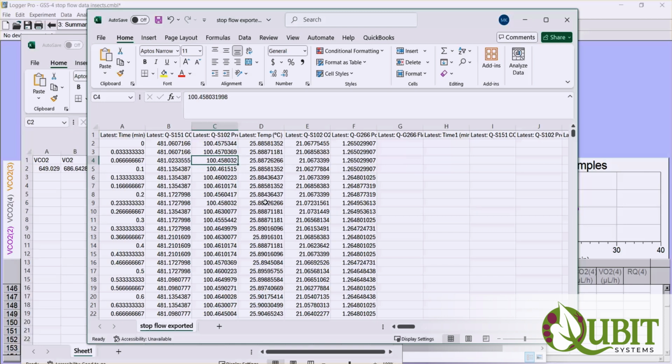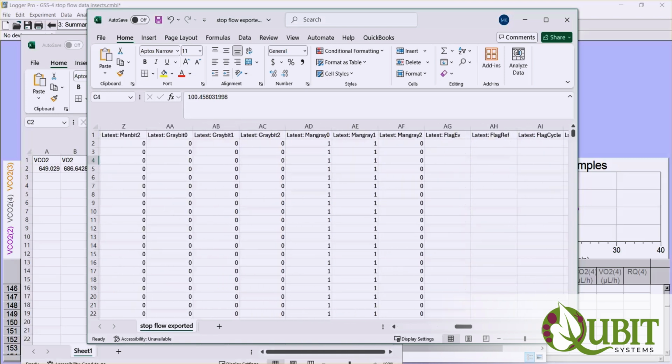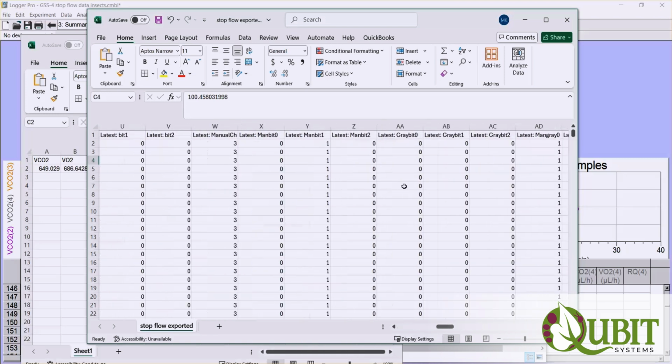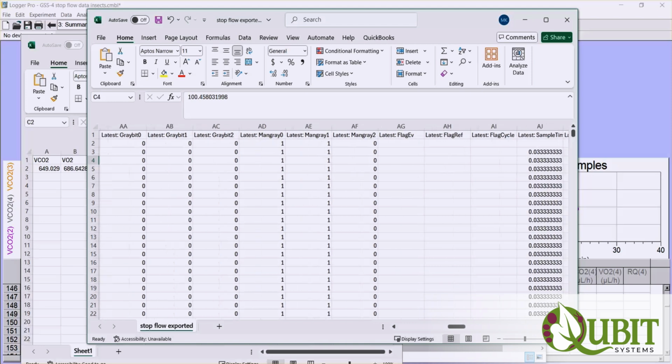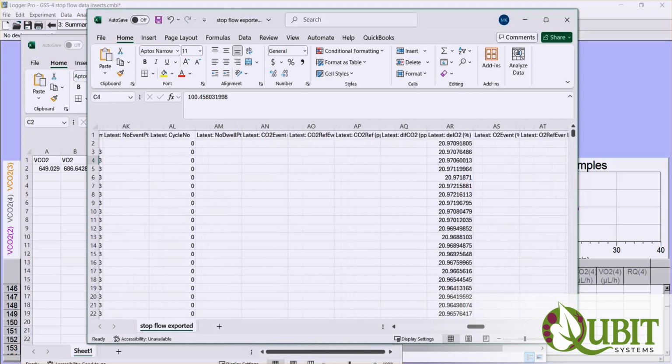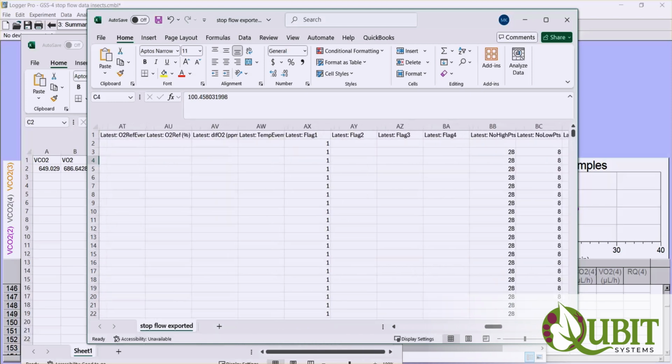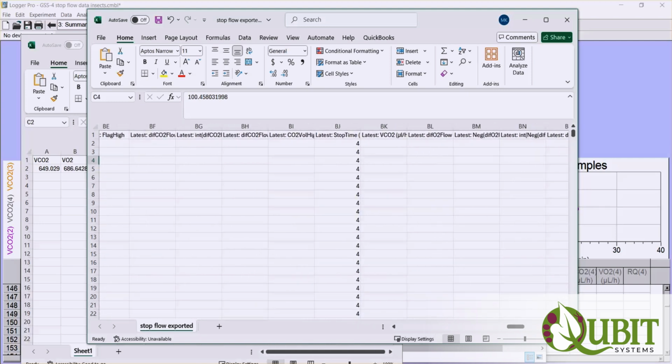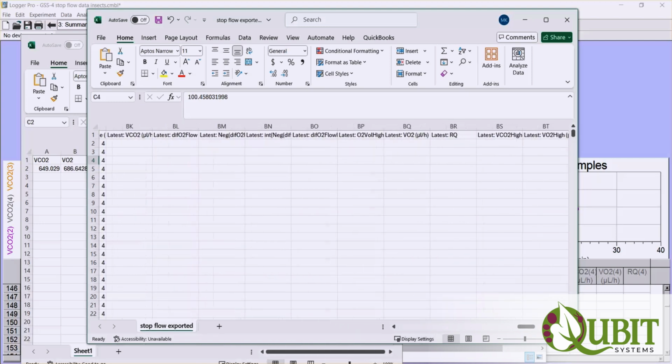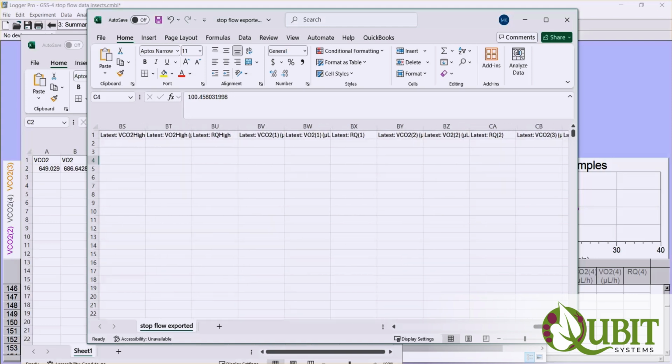In this file, you will find all the raw data, CO2, pressure, temperature, oxygen, flow, exported for the whole experiment, as well as all of the calculated parameters and control parameters that are used to control the system, to control the gas switching, and to sort the data at the end. Everything comes across. To get your summary data, you have to come right to the end, where the columns with your data are.